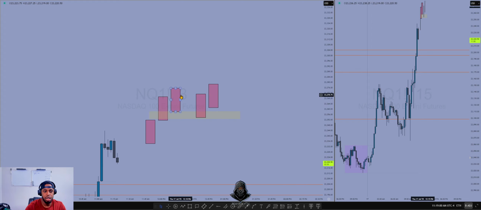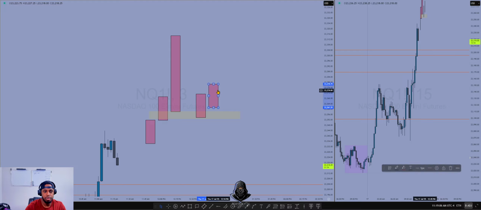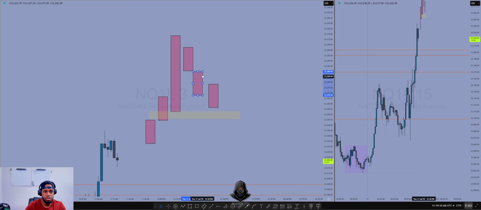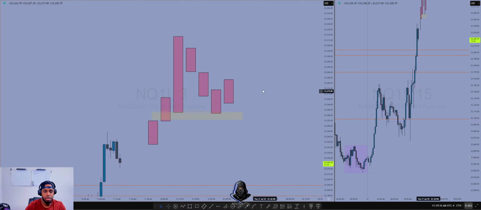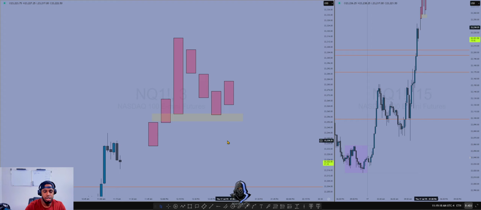So let's say this candle was this tall and it was like that, and then it came back down like that, and then it started going back up. Well, my dealing range at that moment will be from there to here. And then it'd be like this.